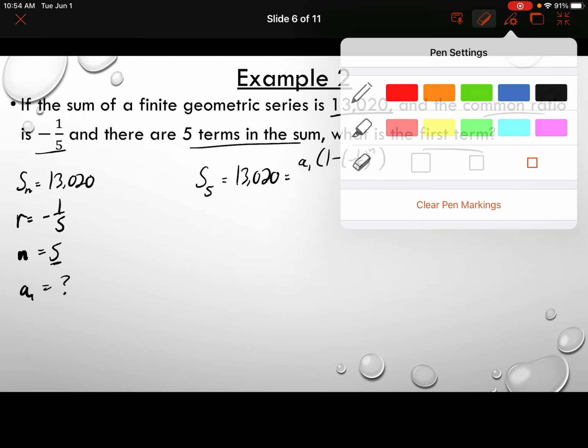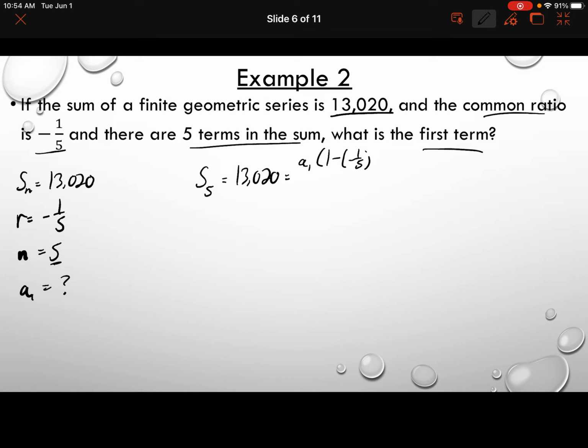I'm sorry, we already know what n is, it's 5. All over 1 minus, once again in parentheses, negative 1/5. All right, so let's calculate this. So 13,020 is equal to a sub 1, which we don't know. Let's see, what is negative 1/5 to the 5th power?